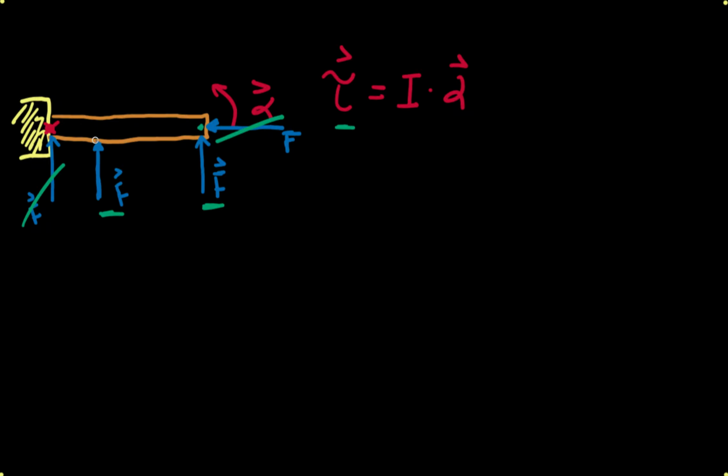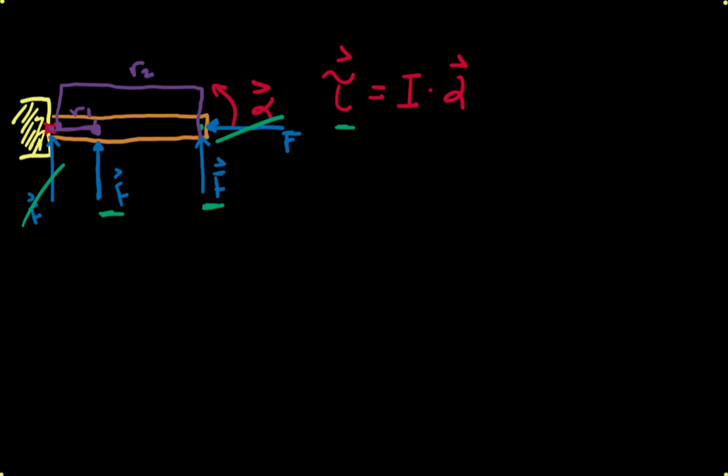And also, the distance between the center of rotation and where the force is applied is important, which means that there was quote unquote less rotation if you applied it at a small distance r1 here than if you had applied it at the distance r2 here. Moreover, if the distance between the point of rotation and the point at which you apply the force is 0, then there is 0 torque.